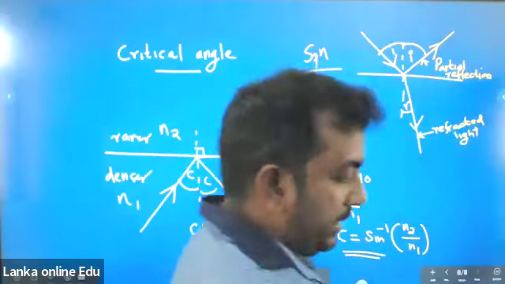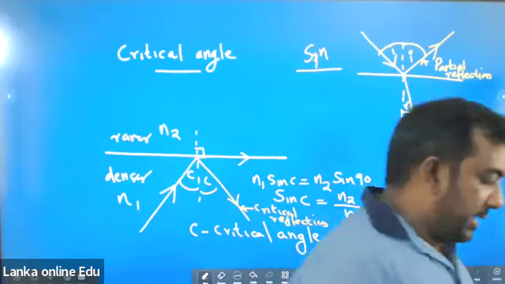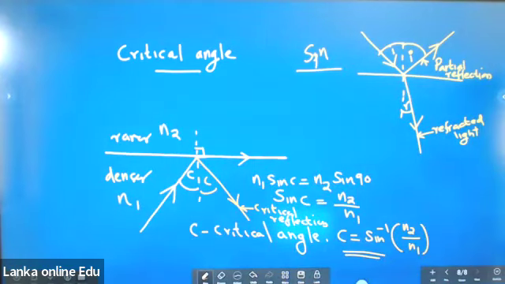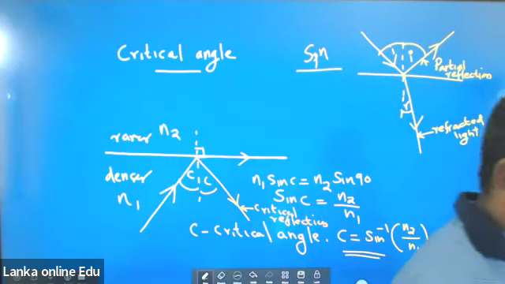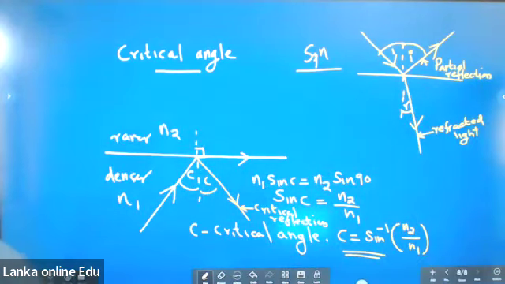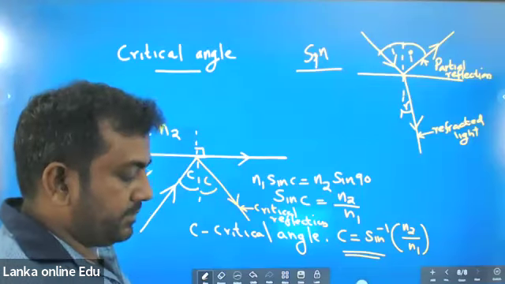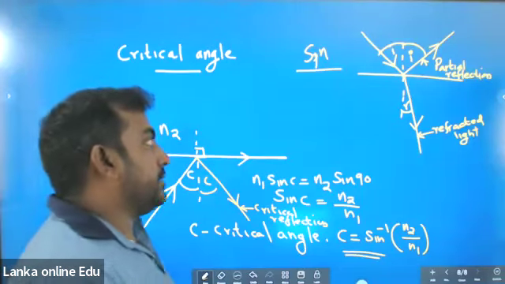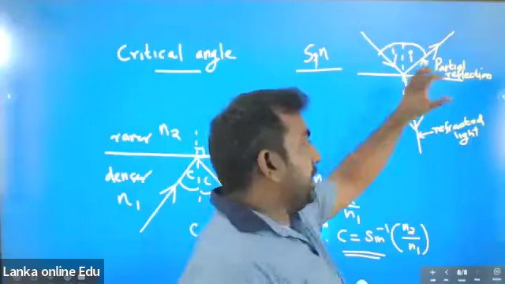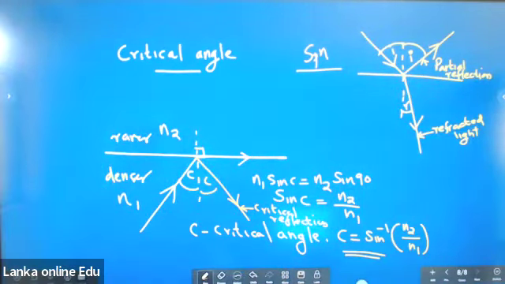Whenever refraction takes place, reflection will also occur. We call this partial reflection. Draw, write down.